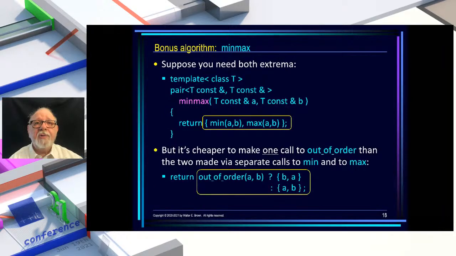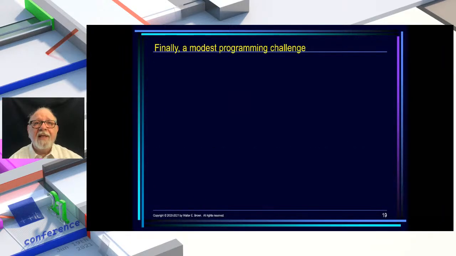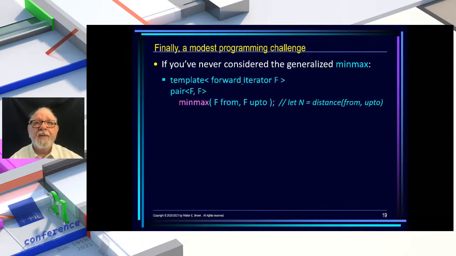Since we all like to code, let me leave you with a modest programming challenge in case some of you have not considered this algorithm in the past. The generalized min-max, where we have not only two values, but a range of values. So we are given a pair of forward iterators, which I've named from and up to.